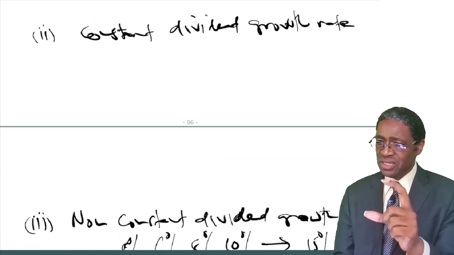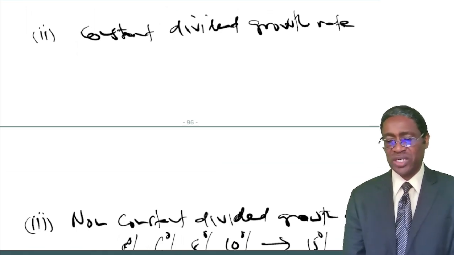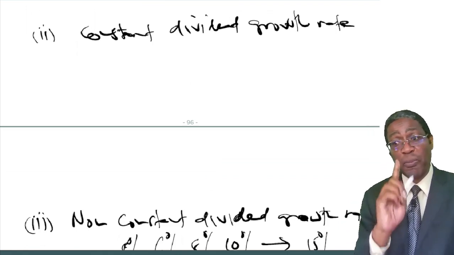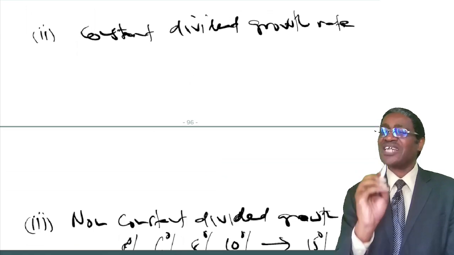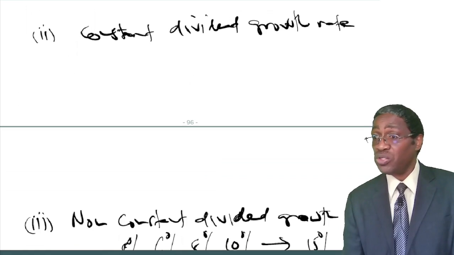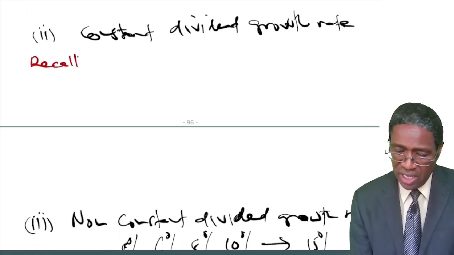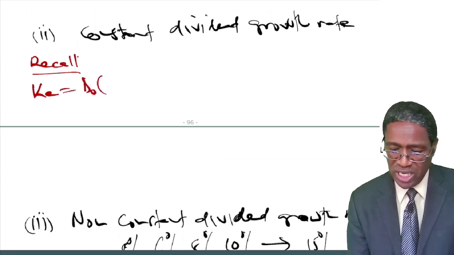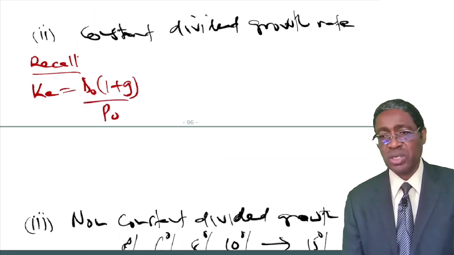Again, listen, I want you to recall when we were discussing the topic of cost of capital. We computed the cost of capital where dividends were growing at a constant growth rate. If you recall the formula there, KE equals D naught into 1 plus G, divided by P0 plus what?